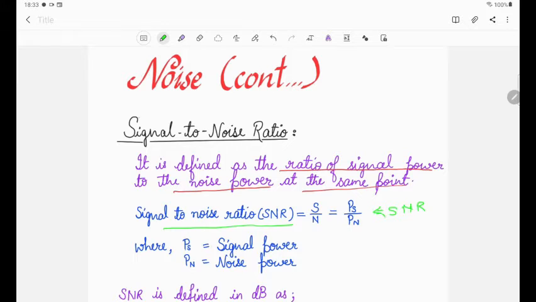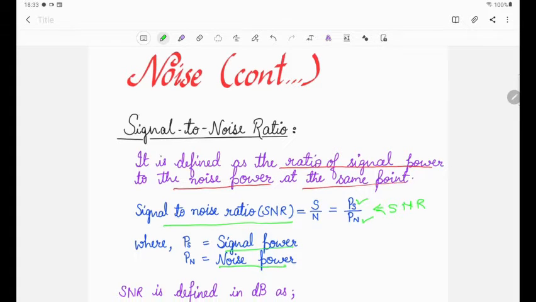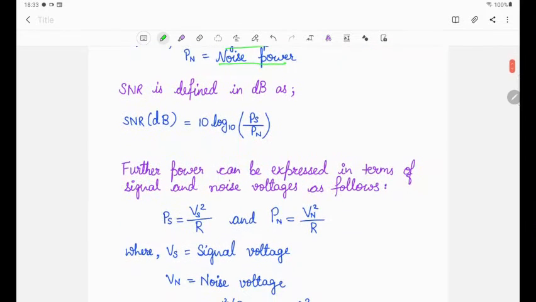SNR is defined as signal power to noise power, where PS is signal power and PN is noise power. Further, in decibels we can write SNR in dB is equal to 10 log 10 PS by PN.